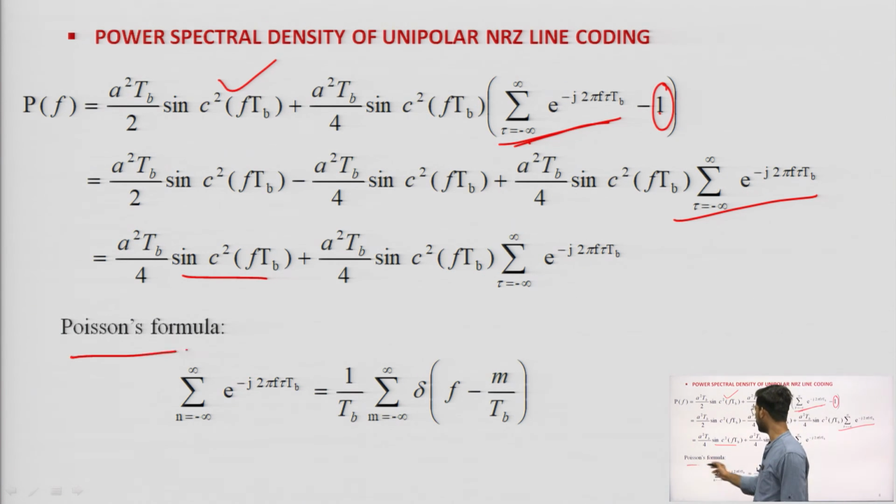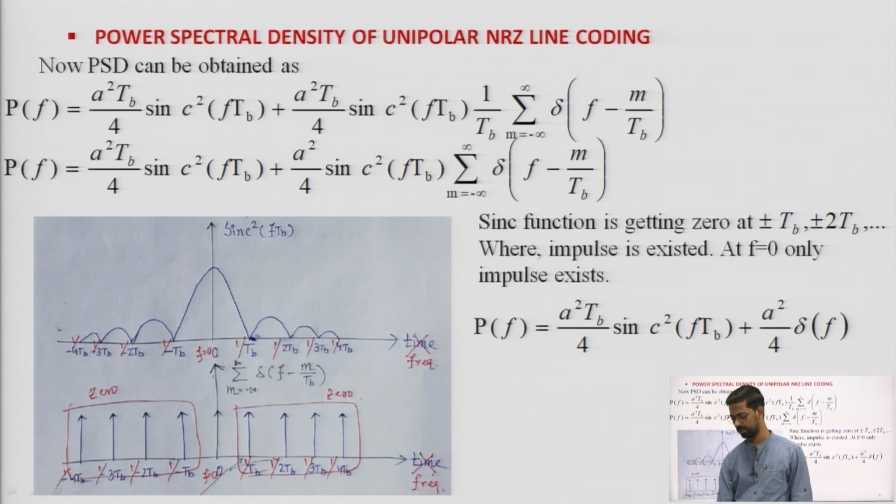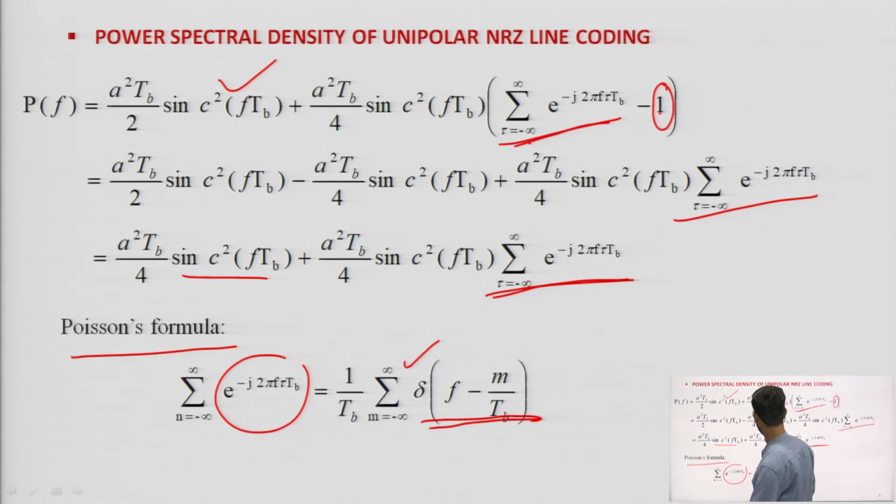According to Poisson's formula, this summation I have to rewrite in the summation form, n equal to minus infinity to infinity, e to the minus j 2 pi f n TB, which I can write as 1 by TB summation of shifted delta functions. Using this, I can write the power spectral density as A square TB by 4 sinc square f TB plus A square TB by 4 sinc square f TB.